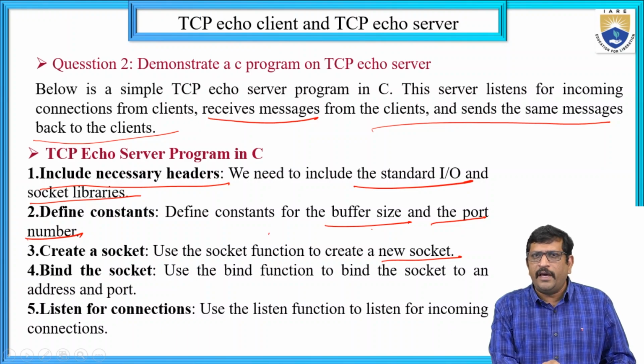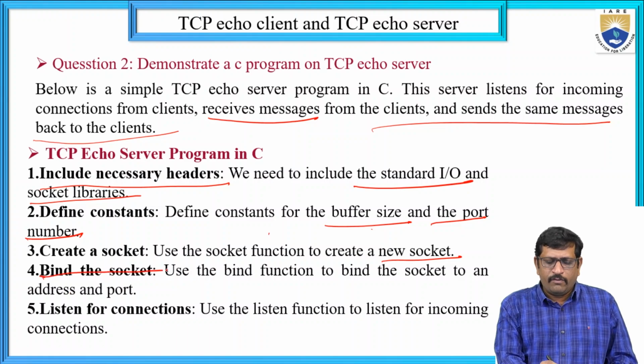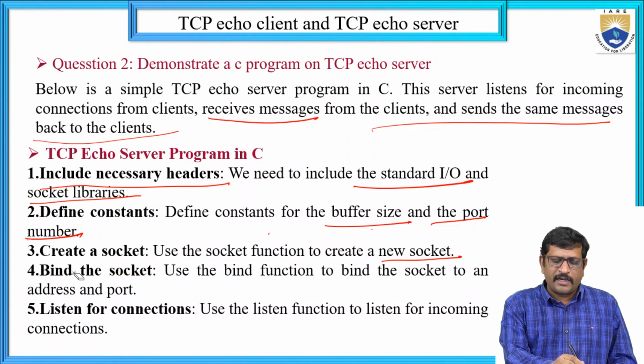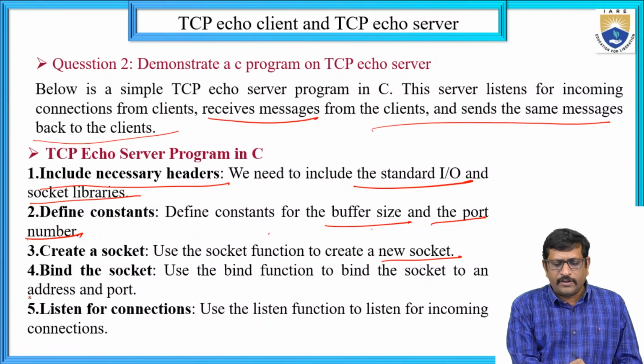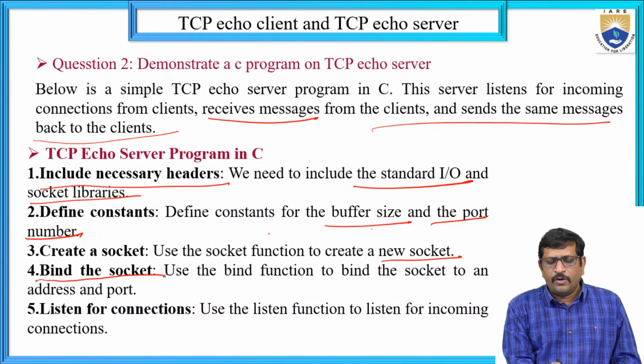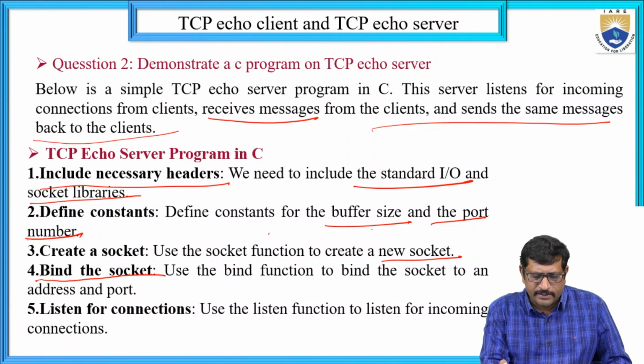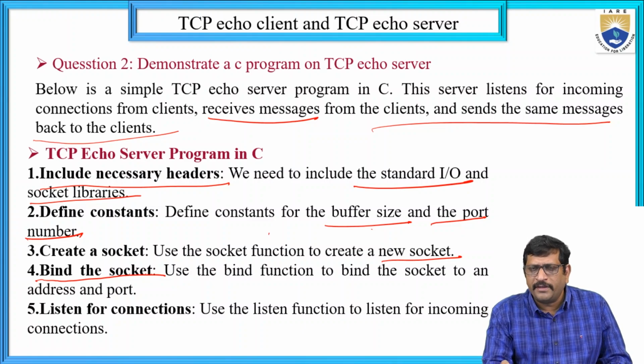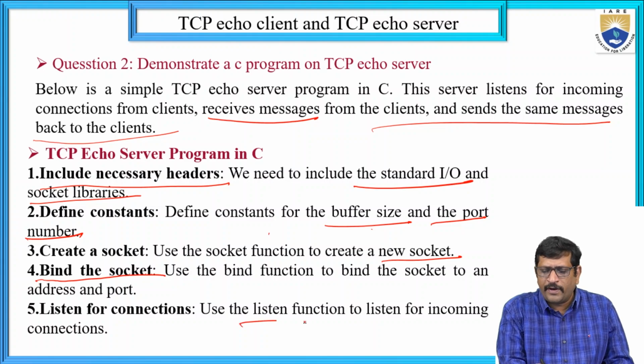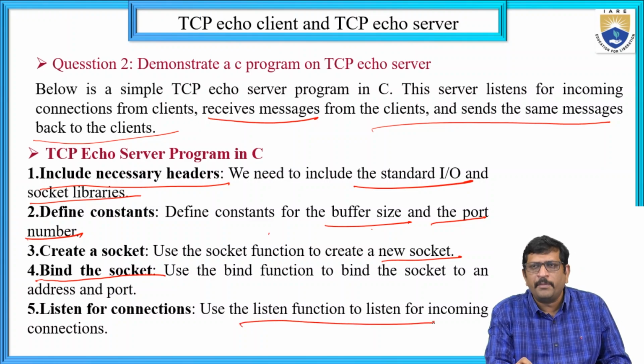Next is binding the socket. How can you bind the socket? Generally, with the help of the host IP address and port number we can bind the socket. Once the socket is bound, it listens for incoming connections or incoming messages from other clients. That is listening for other connections.